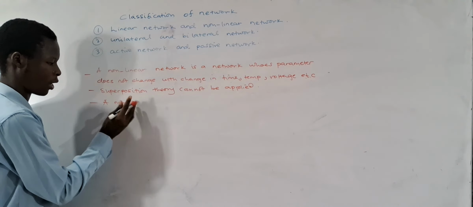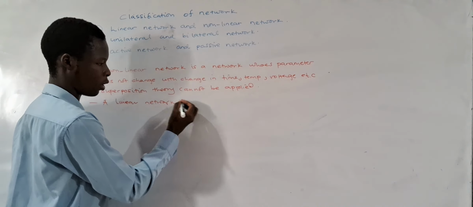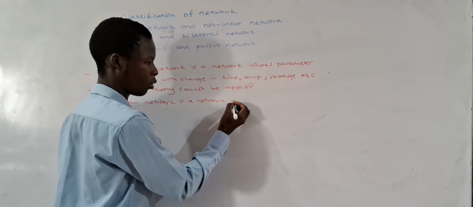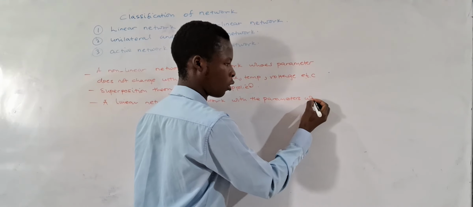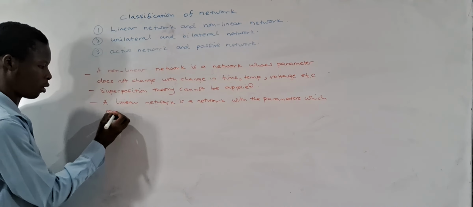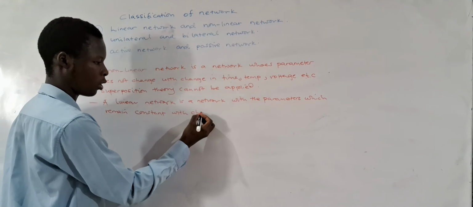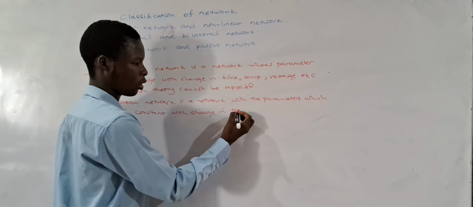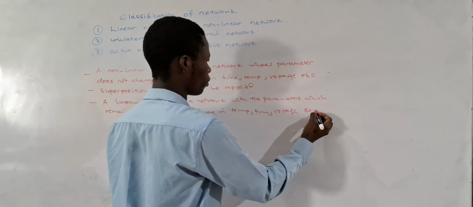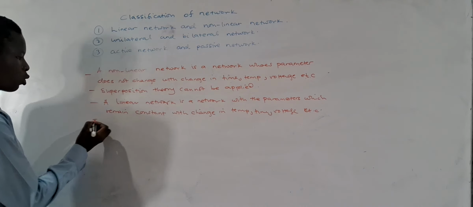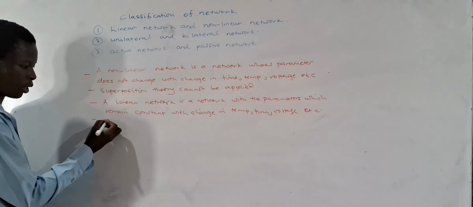A linear network is a network with parameters which remain constant with change in temperature, time, voltage, etc. So the mathematical equation of a linear network can be obtained from the superposition theory.